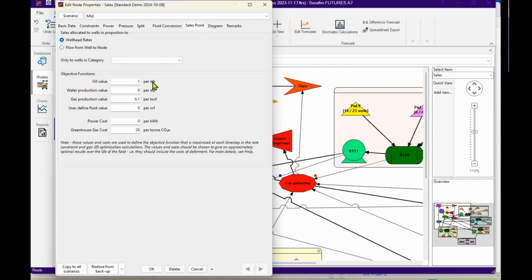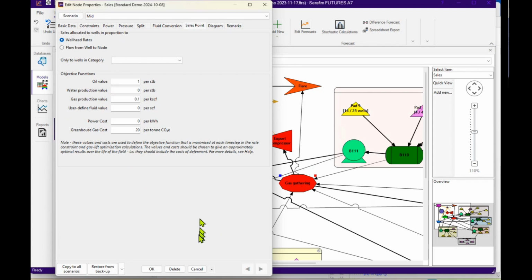So in other words, we are limiting: if that barrel of oil equivalent is responsible for more than 50 kilos of CO2 emissions, then in terms of the objective function it'll be more negative than positive, and so that production will be shut in.